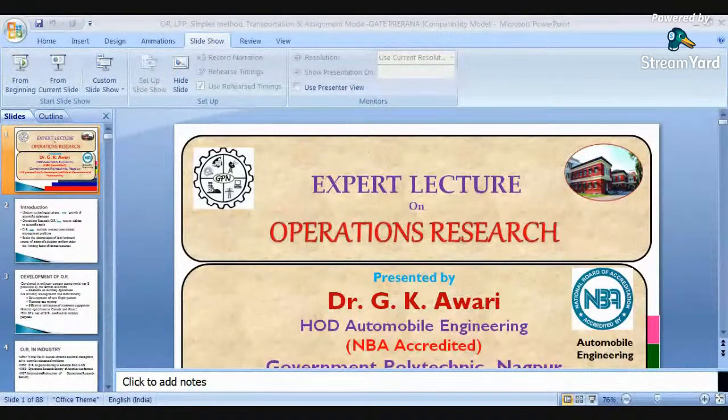So in almost all sectors, whether production, marketing or personnel management, there is a wide scope of operation research, and it is extensively used in industry for decision making. The scope also extends to research and development, national planning and budgeting, defense services, agriculture and irrigation, education and training.